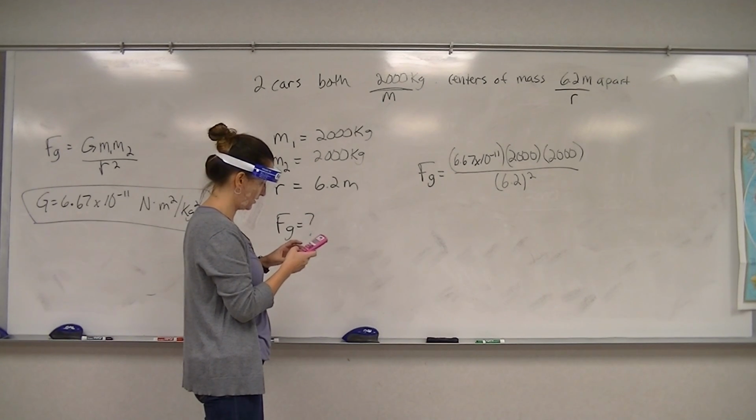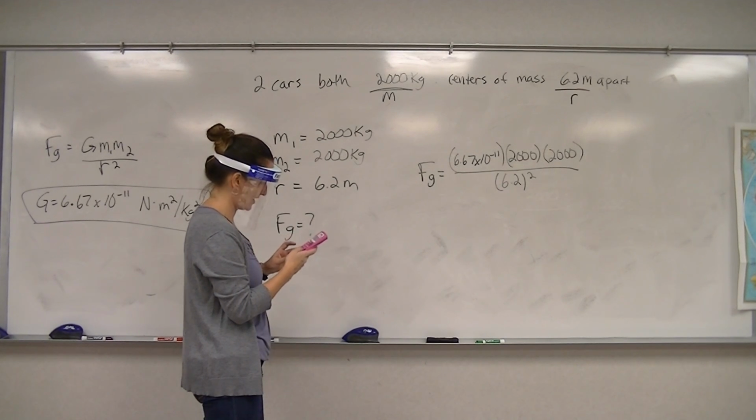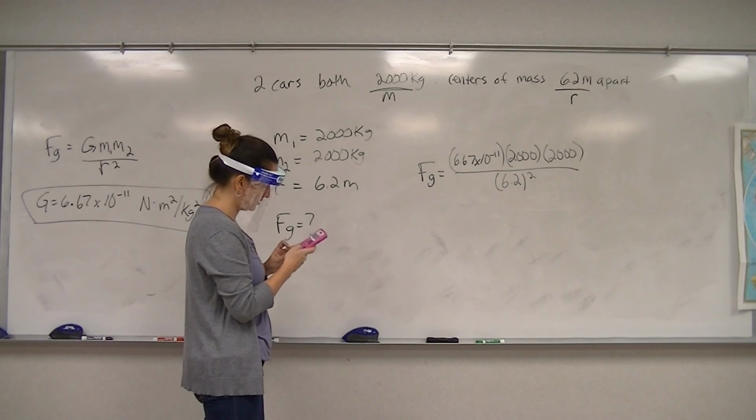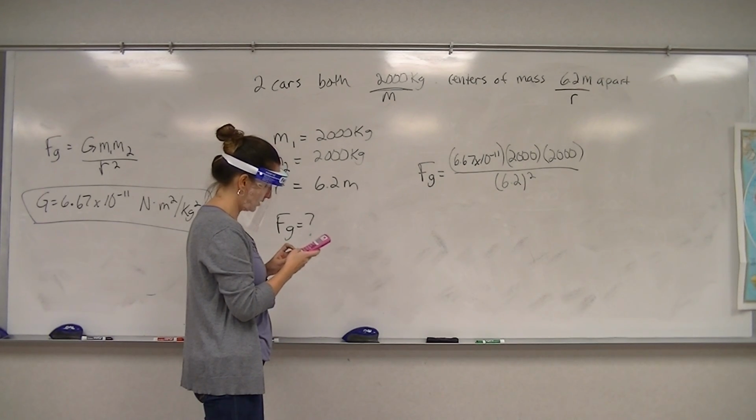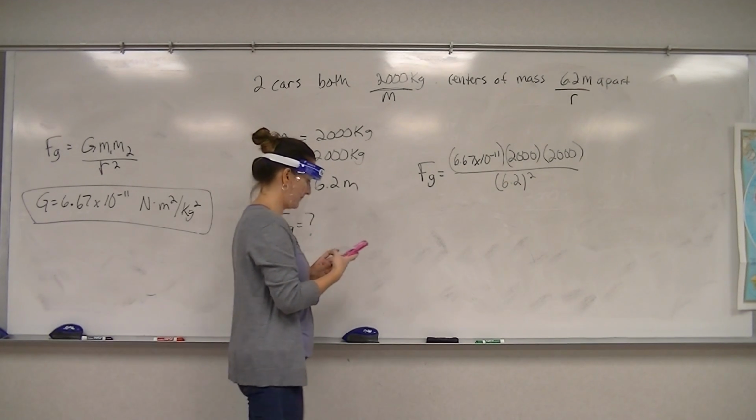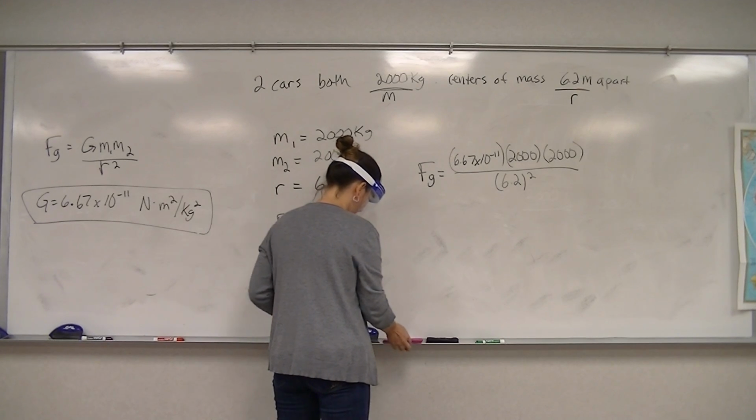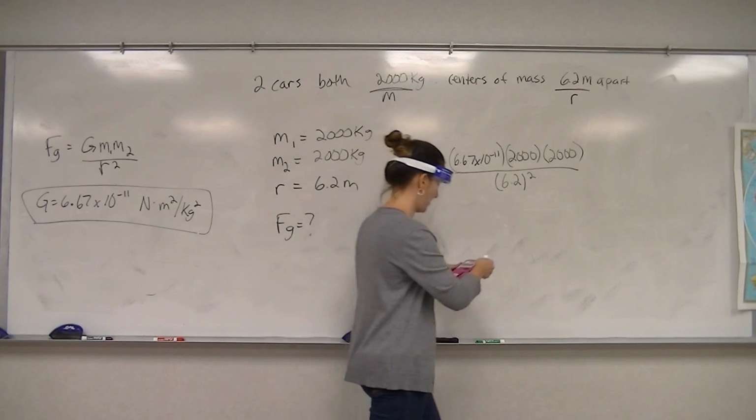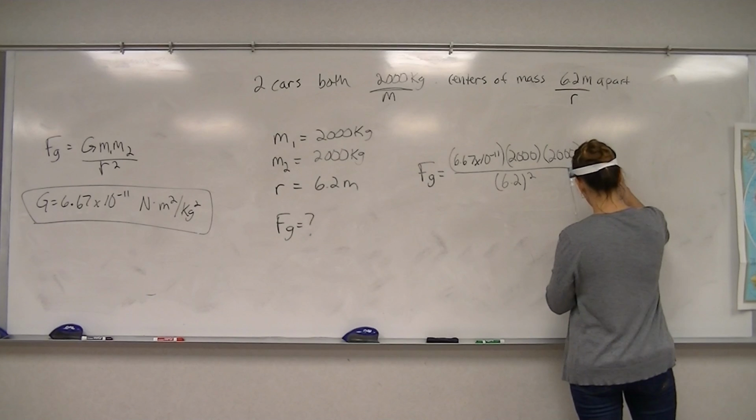Calculator. When I talk and calculate at the same time, I usually make mistakes. So. There we go. Let's see. We have 0 point.